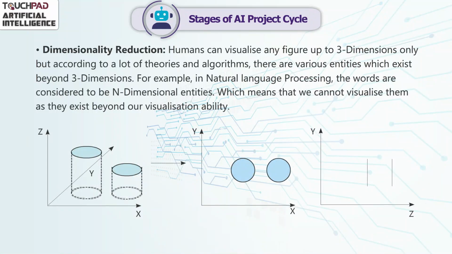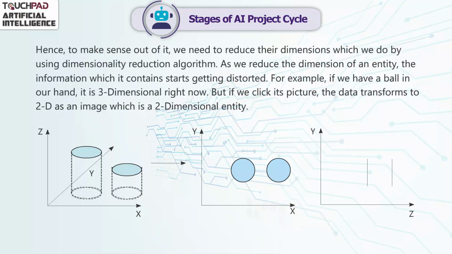Dimensionality reduction. Humans can visualize any figure up to 3 dimensions only. But according to a lot of theories and algorithms, there are various entities which exist beyond 3 dimensions. For example, in natural language processing, the words are considered to be n-dimensional entities, which means that we cannot visualize them as they exist beyond our visualization ability.